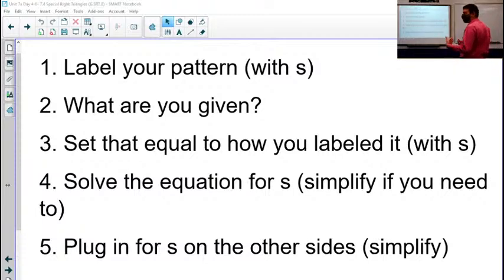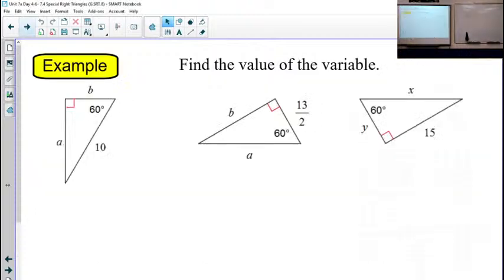Which of those sides are we given? And what is the pattern for that side? And we're going to set those two things equal to each other. And that's how we get our equation. So we're going to do that today with a couple more examples to kind of wrap up what we're talking about here.